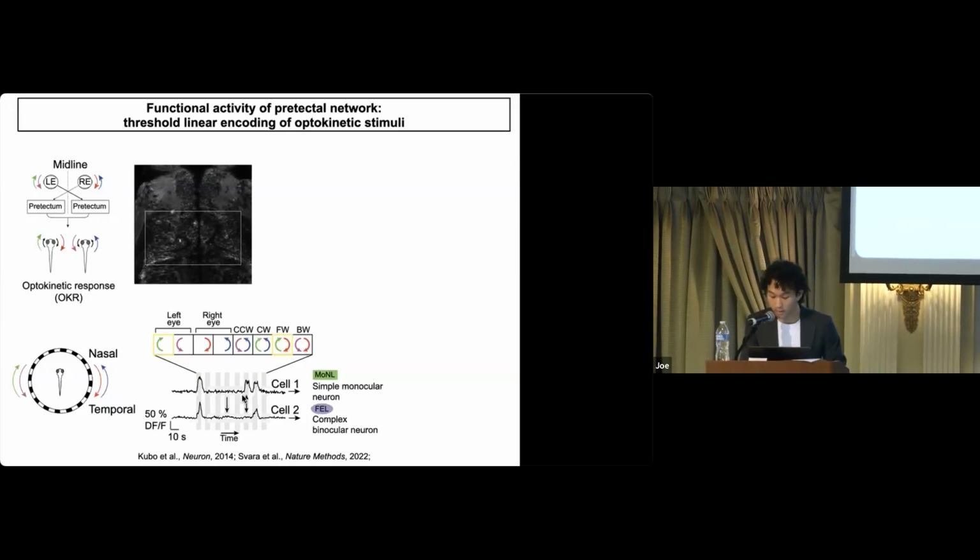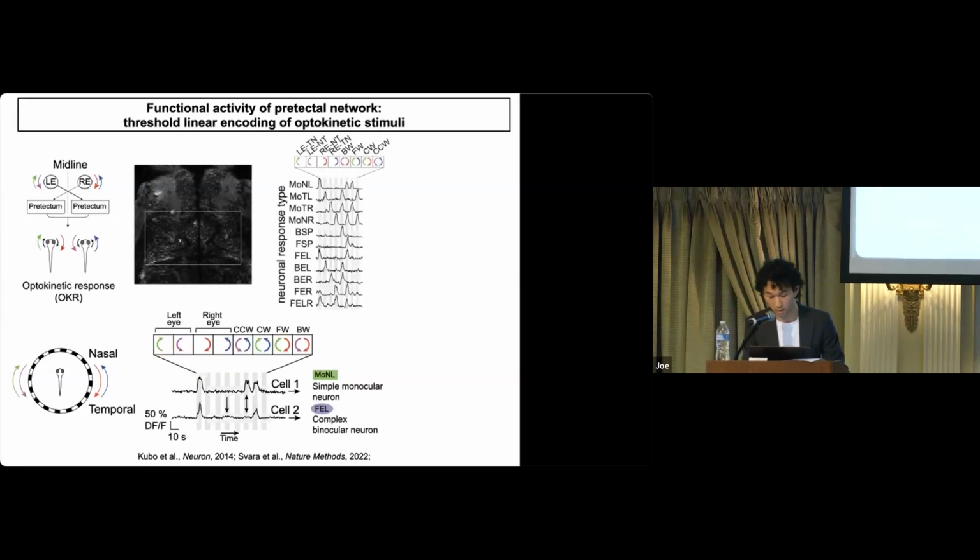Here. The temporal motion shown to the right eye, so this blue arrow, it should be here, not here, seems to inhibit the response, but by itself doesn't drive the cell past its baseline activity. So if you look at the rest of the major response types, you'll also notice that a lot of them are similarly not driven past their baseline activity, which is why in the coming steps, we will think of this network as threshold linear.